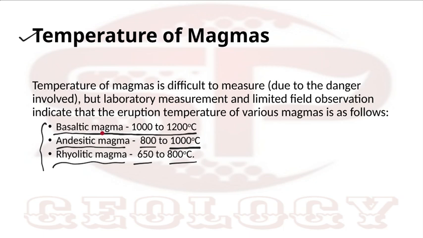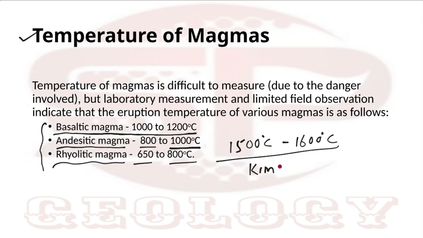Those are abundant, but sometimes you'll get a magma having a temperature of 1500 to 1600 degrees. That type of magma is called kimberlite magma. You can also get magma having a temperature of 600 degrees.